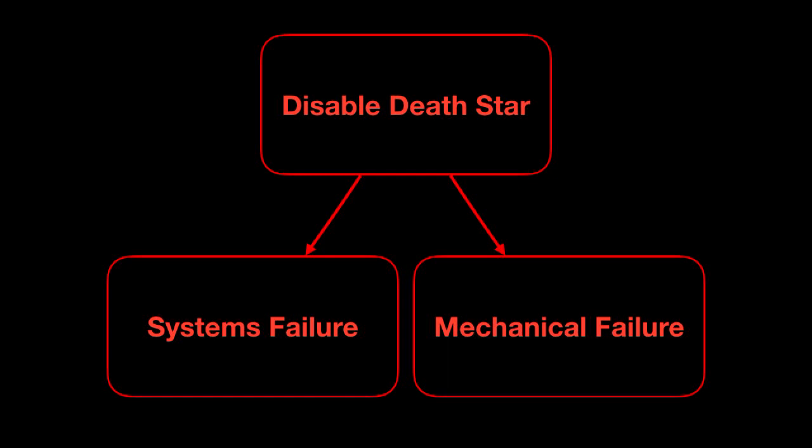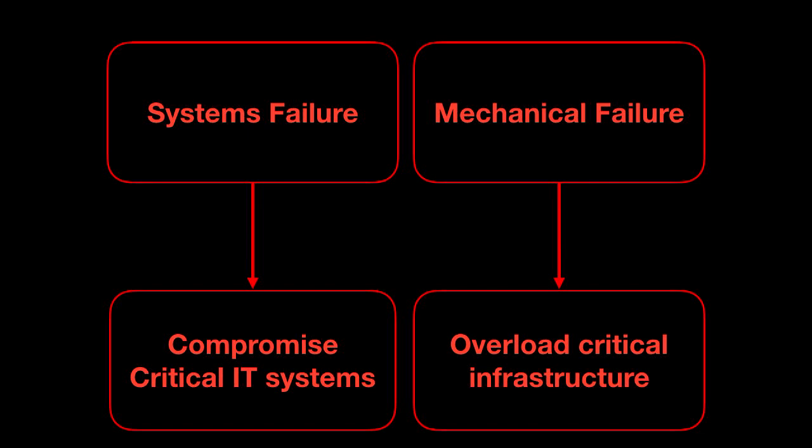Or you can cause a mechanical failure. In some way, like some critical system, you don't destroy the Death Star, but it's enough to stop everything and just rebuild the whole thing. That probably means multiple mechanical failures and multiple compromises of systems. But there is still a likelihood to happen.